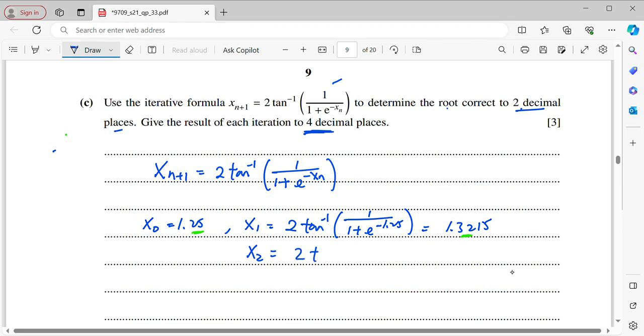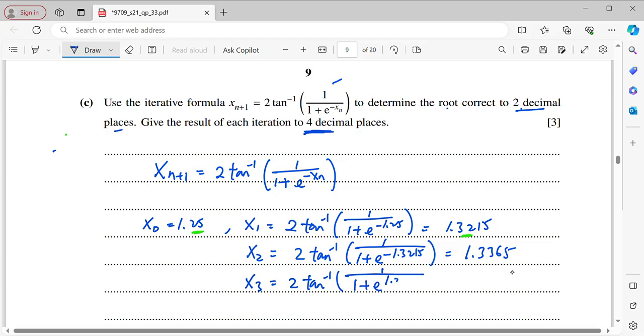It will be 2 inverse tangent 1 over 1 plus e negative 1.3215, and then you will be getting 1.3365. And again, they are not the same because for x1 you get 1.32, now you get 1.33. So now continue with x3. Then you will be getting 1.3396.